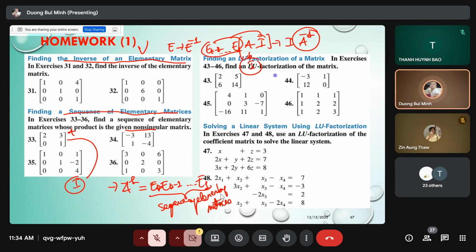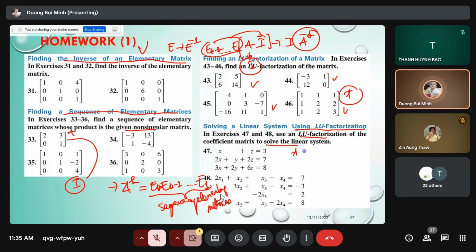Then we find the LU factorization of a matrix. Of course, A must be a square matrix. Then use LU factorization to solve the linear system.